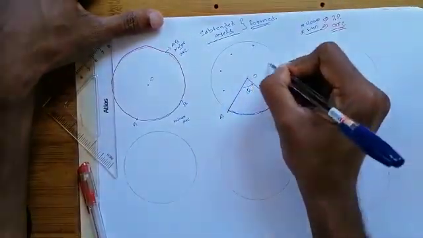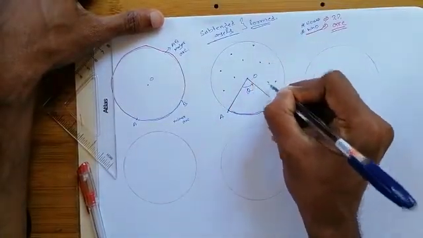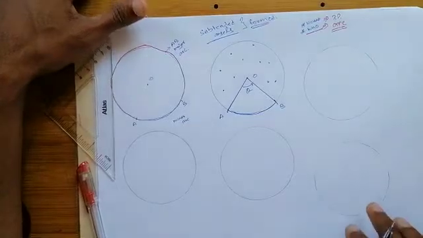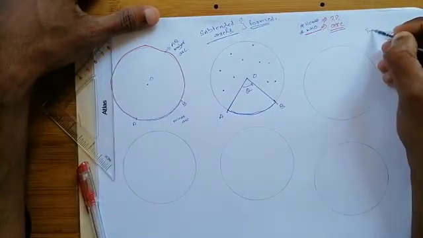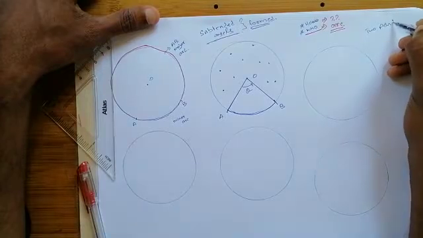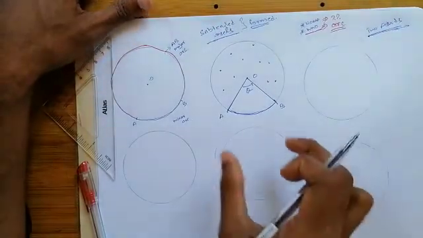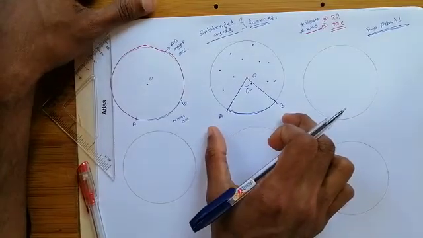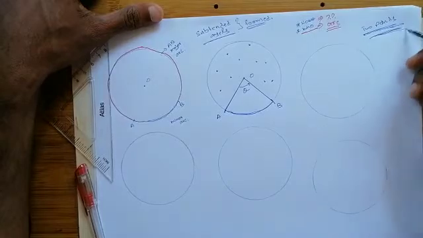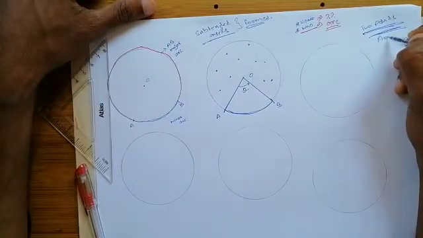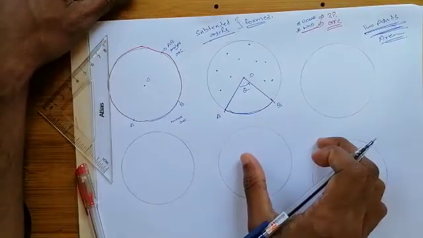Inside the circle we have so many points, but theoretically we have 2 points only. An arc can subtend an angle in only 2 areas.